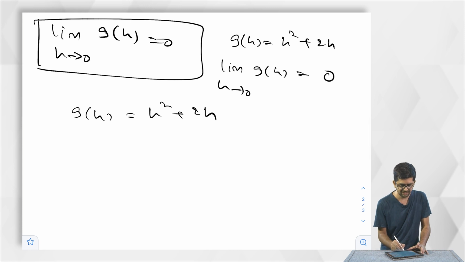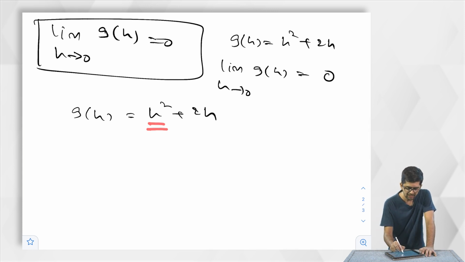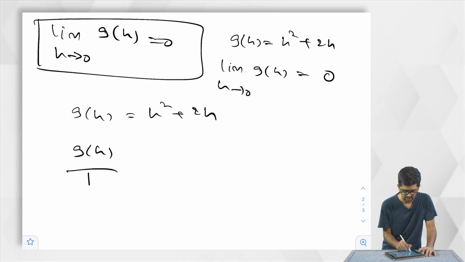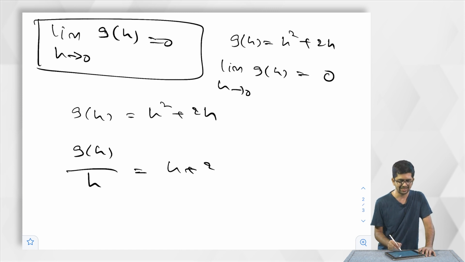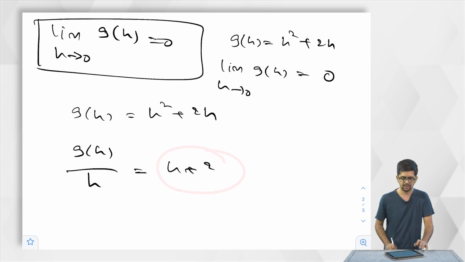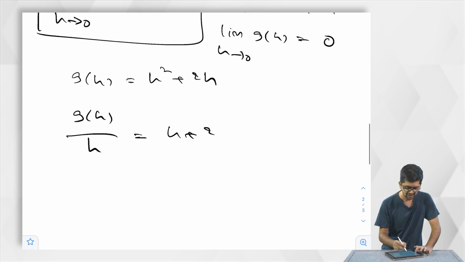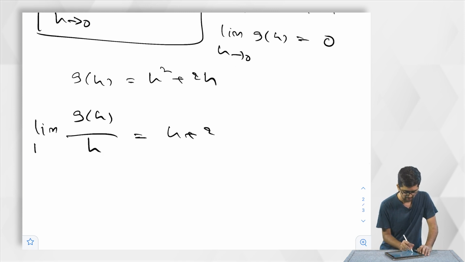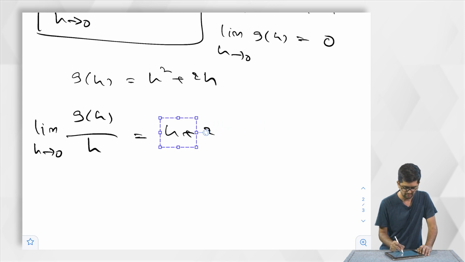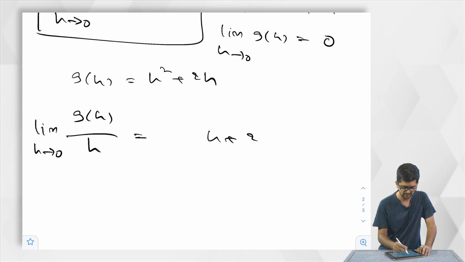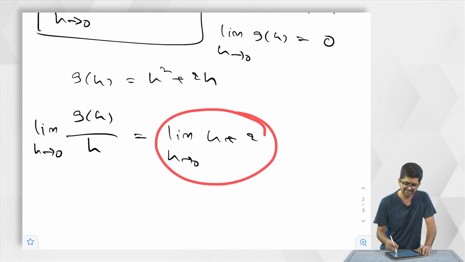Even if I remove the h component, say g of h divided by h, the result will still be a nice function, so that the limit as h goes to 0 of g of h by h exists.